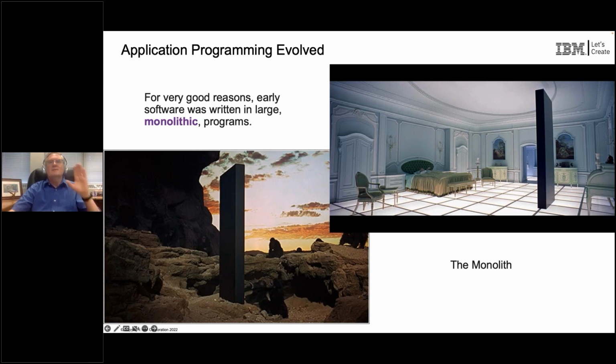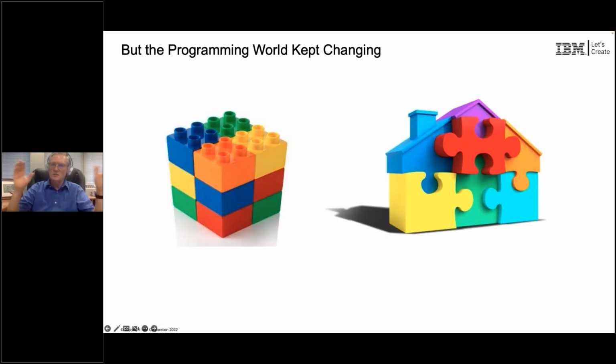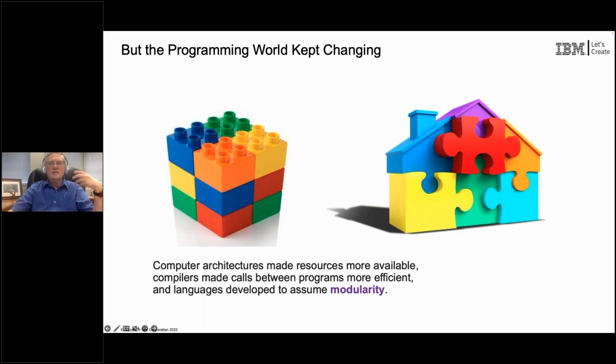Okay, but computers got to be considerably more capable of being able to do quick instantiations from one program to another. And so programming, particularly as PCs, personal computers, came into existence, the programming world changed to the point where people wanted to write things in much more modular ways.